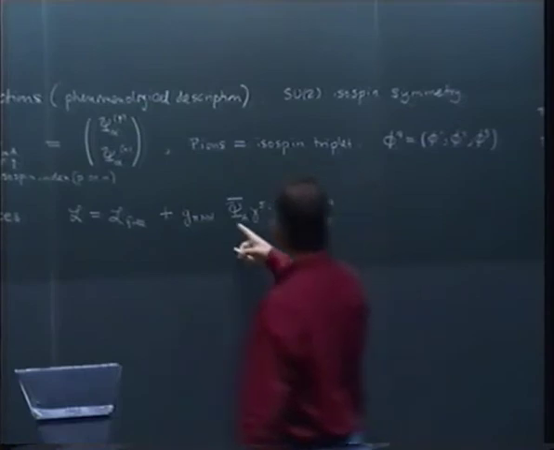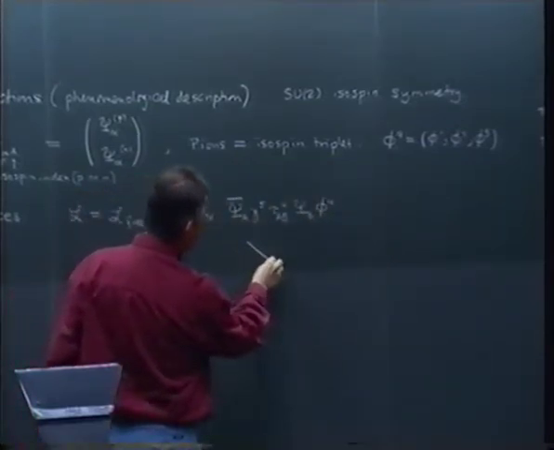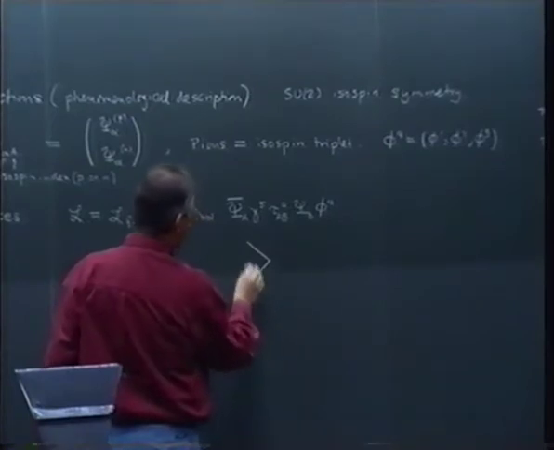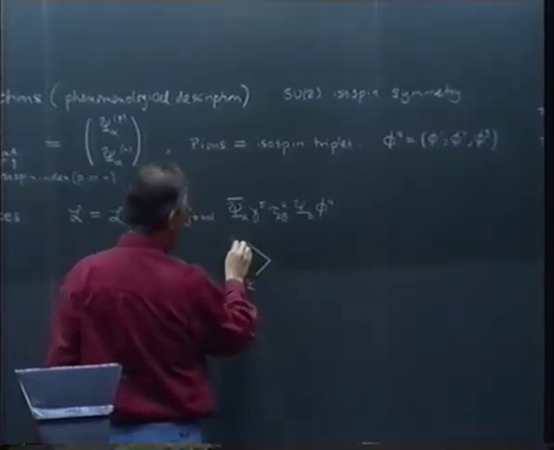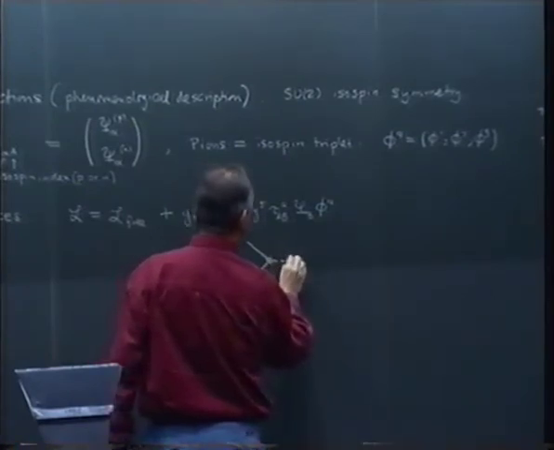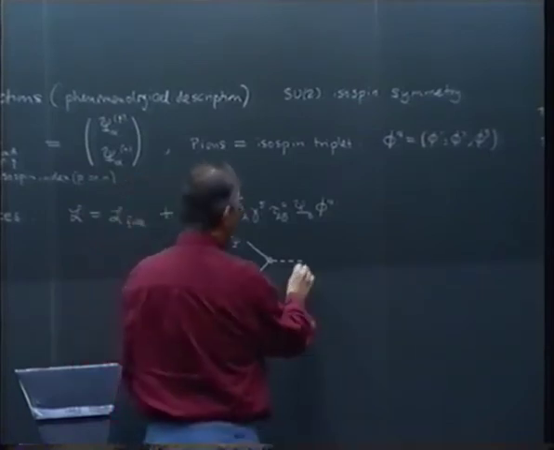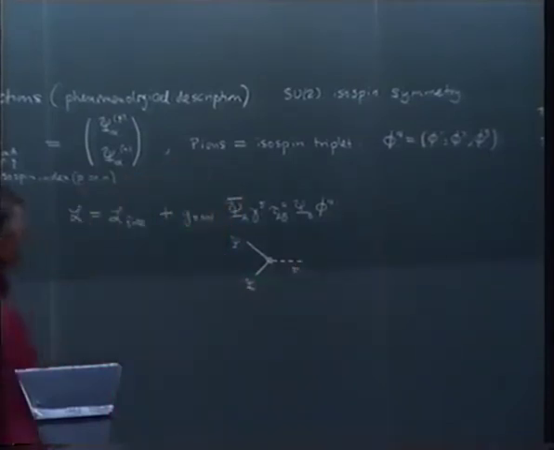So this, you see, is now a vertex. It looks like this. So here we have this proton or neutron coming in, and then here we have a vertex where it interacts with this other particle, and then we have the pions coming out here. Well, this is of course a phenomenological ansatz. It's not a fundamental theory.